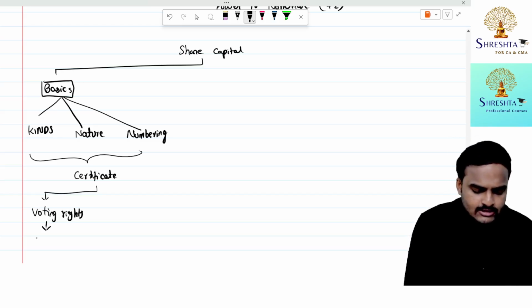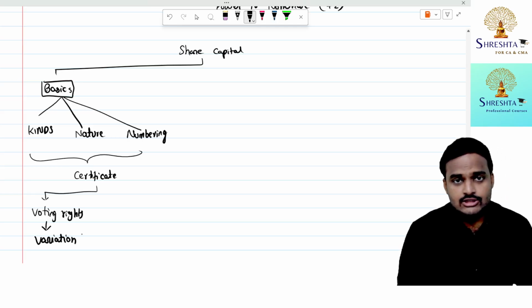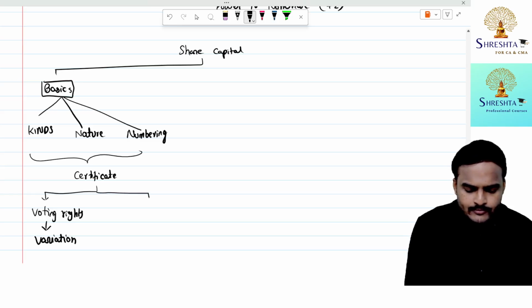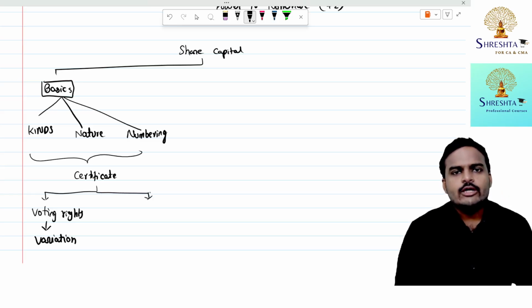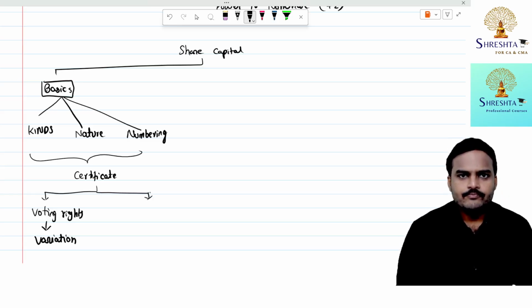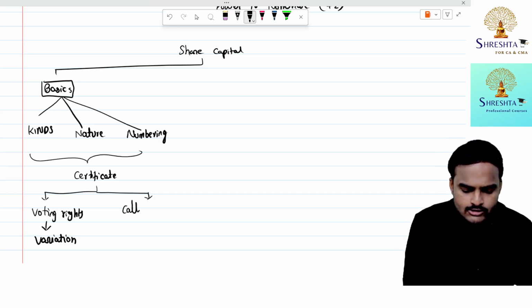And any variation in the rights, that we call variation. Change in rights, variation. Next one, if any member is holding partly paid up shares, then the company has a right to make calls on shares. Yes or no? Calls on shares.